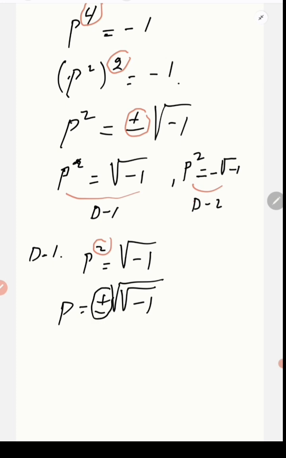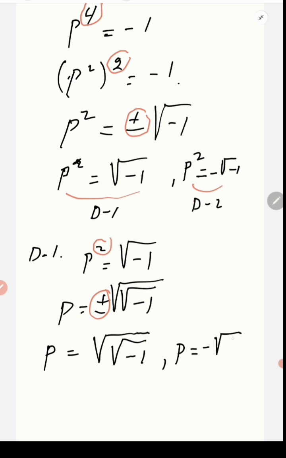Plus minus means p is equal to square root of square root of minus 1, and p is minus square root of square root of minus 1. Name it P5 and P6.